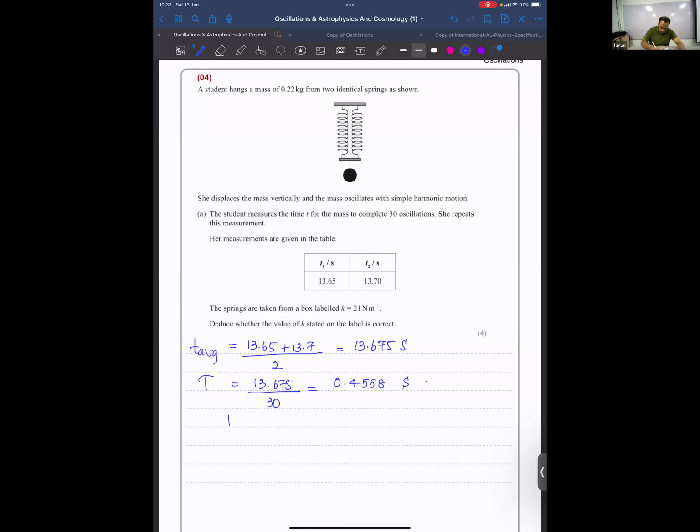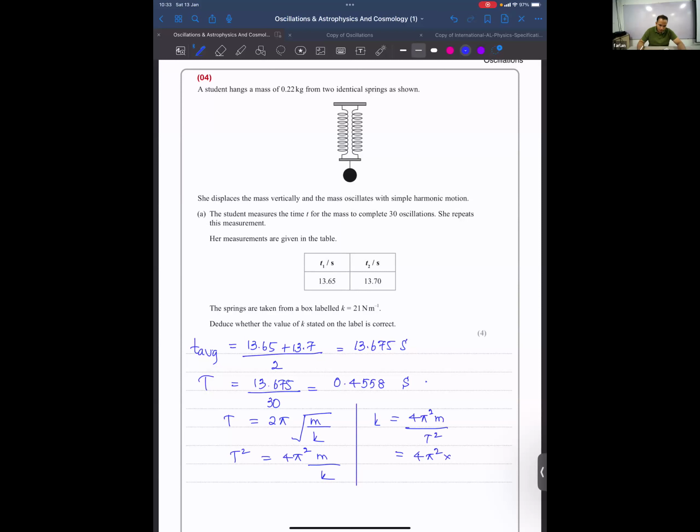So if I use T equals 2 pi square root of m over k and square both sides, T squared equals 4 pi squared m over k. So k equals 4 pi squared m over T squared. So that is 4 pi squared.